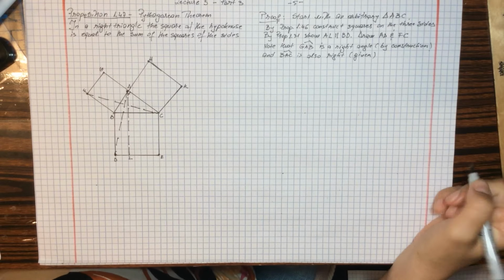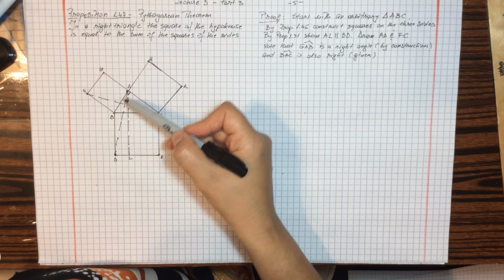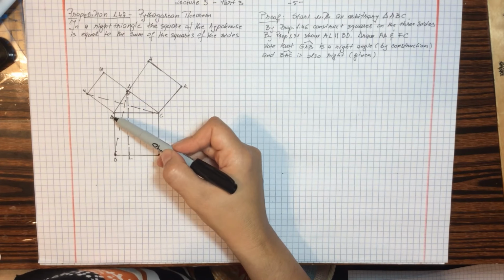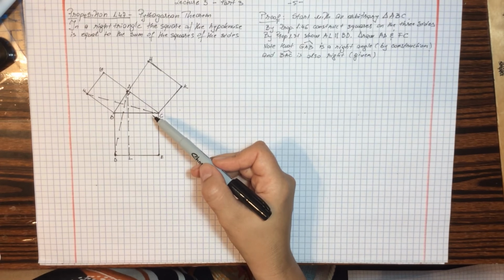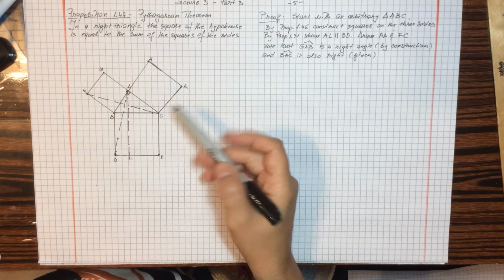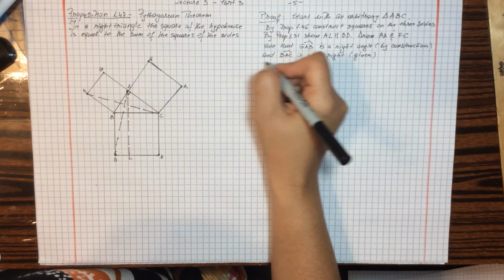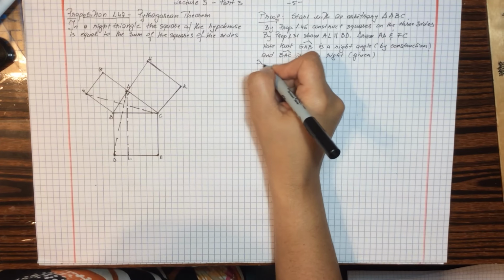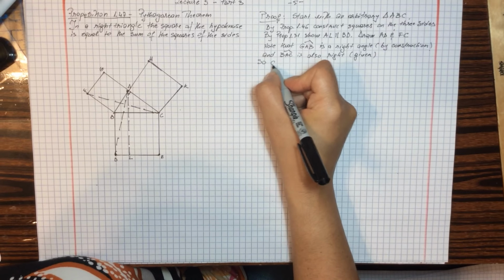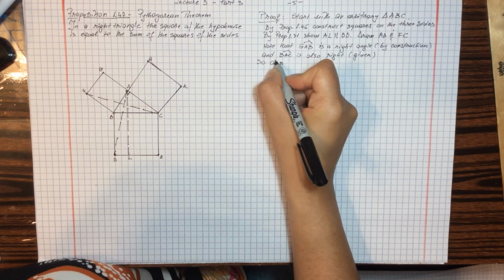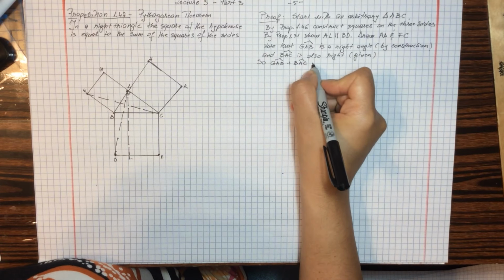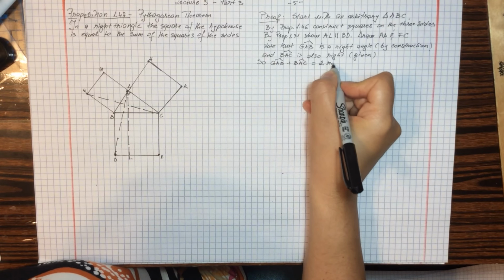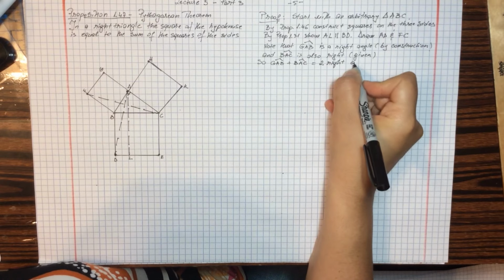So we have angle GAB and angle BAC to be equal to two right angles. So angle GAB plus angle BAC is equal to two right angles.